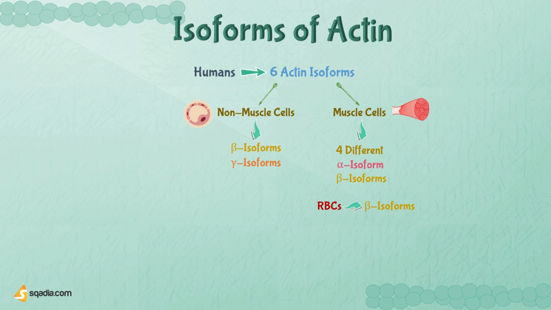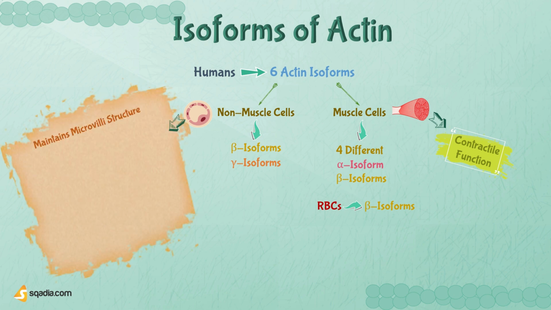Now, let's explore actin's role on and off the stage. In muscle cells, actin steals the spotlight, showing off its contractile function. But when it comes to non-muscle cells, actin is a multitasking superstar. It maintains the structure of microvilli. You know microvilli?